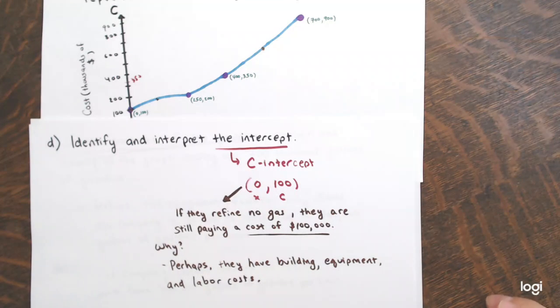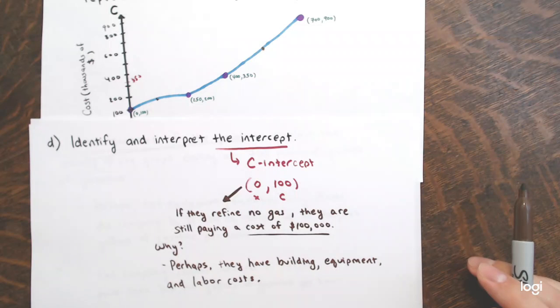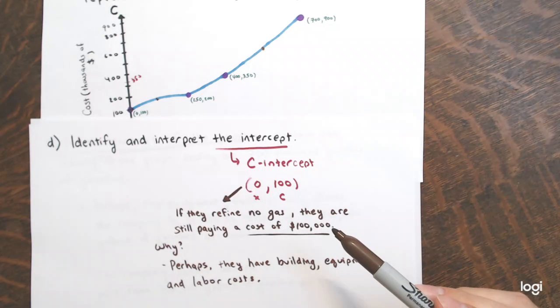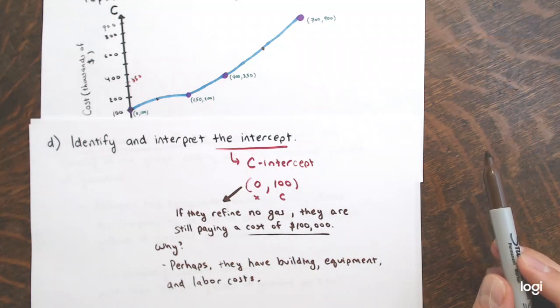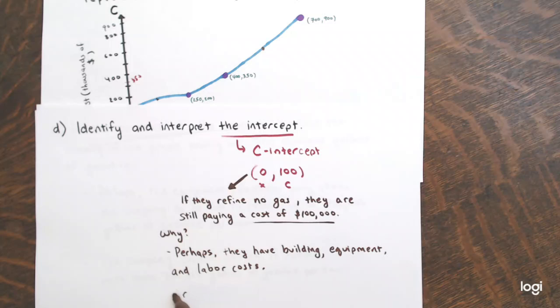And that could be a reason they're spending $100,000 an hour, with all the people they've hired, all the equipment they have to maintain, maybe they have taxes on the building, they have to pay for the space, lots of things that could be involved in adding up to this $100,000 cost before they even refine any gas. And again, if you can think of something else, add to it.